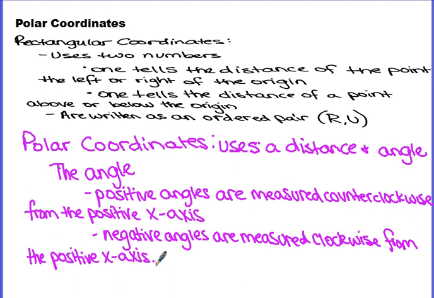Okay, so positive angles are measured counterclockwise from the positive x-axis. Negative angles are measured clockwise from the positive x-axis.